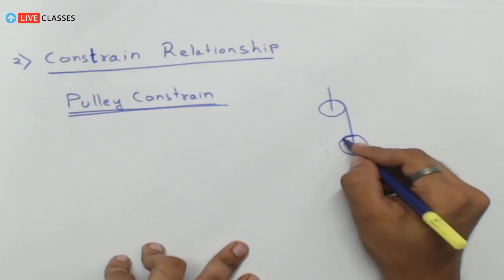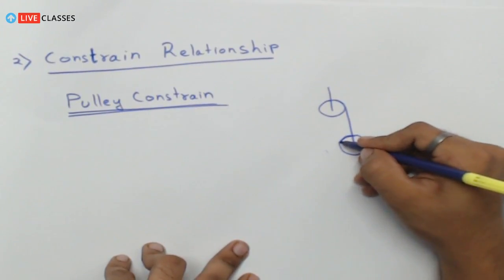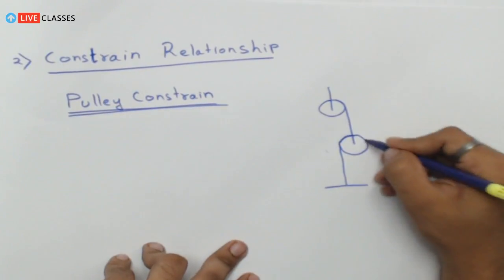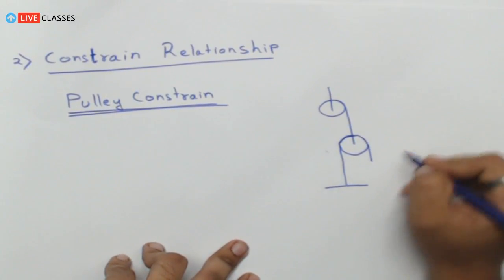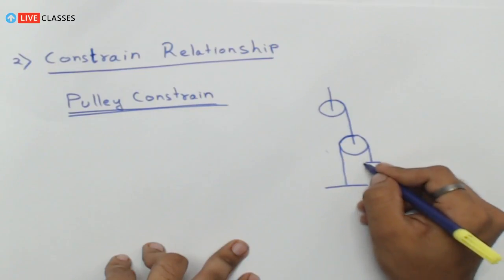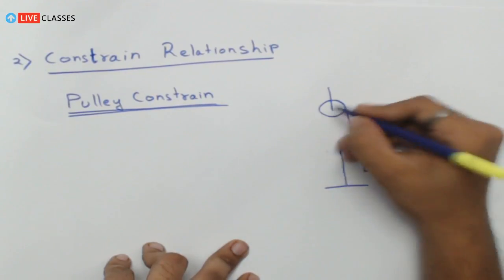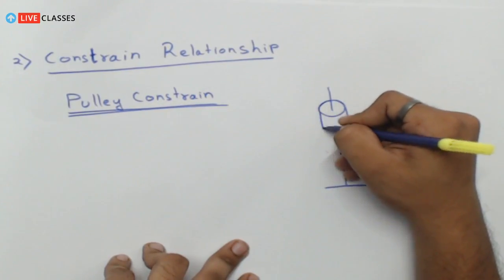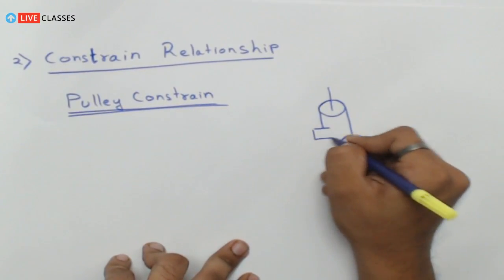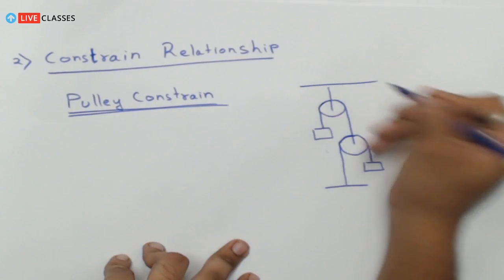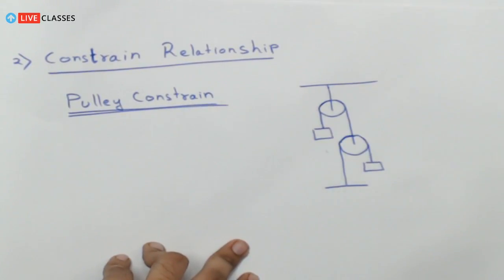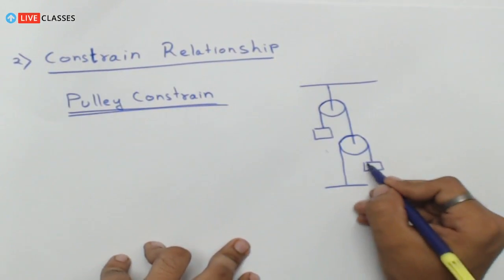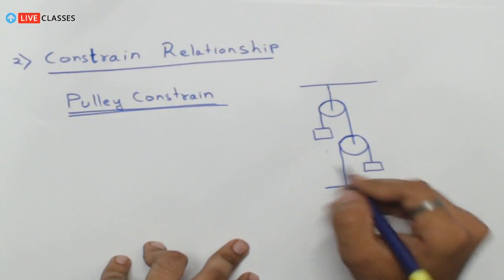If you guys are solving questions on Newton's laws of motion, then you have encountered this kind of question also, and if you have tried it, then you have completely messed up how to do it. Some guys can manage, but you have to do a lot of thinking to do this kind of questions. But if you study this pulley constraint, there's a trick I will show you. Trick, not method. If you apply that method, you can find it very easily.